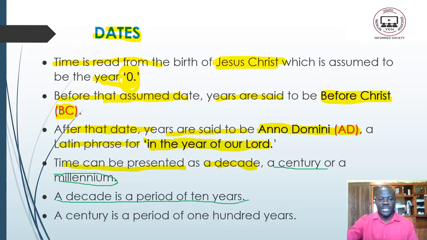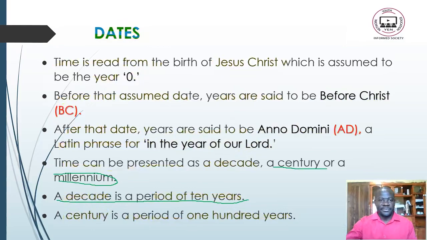While a century is a period of 100 years. Master these things. A period of 10 years is a decade, while a century is made up of 100 years.